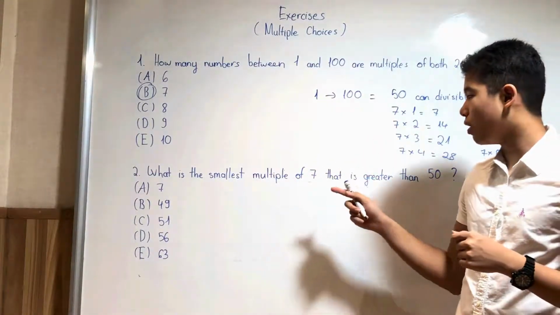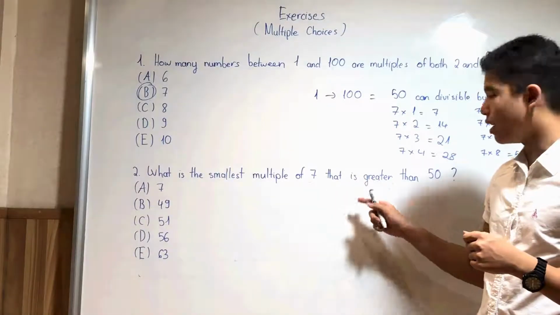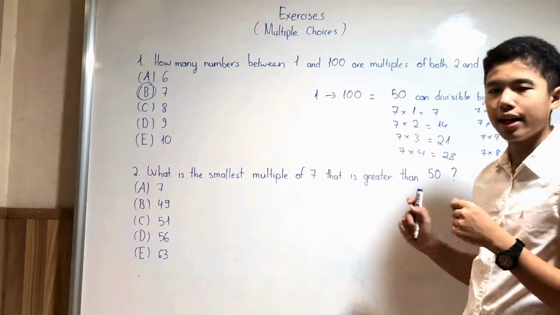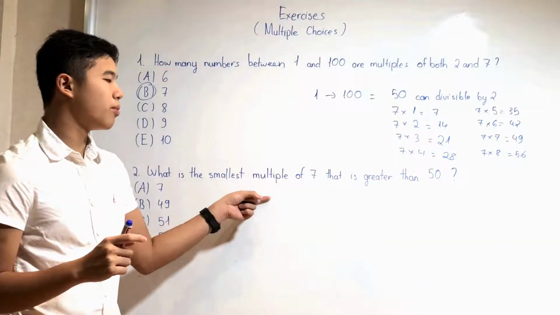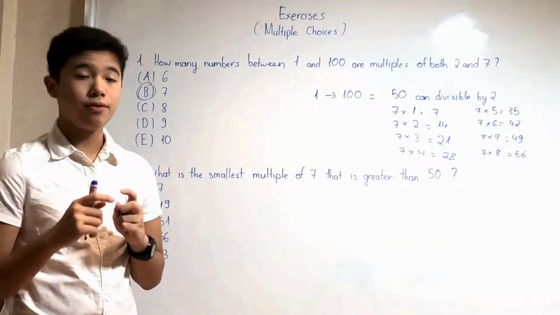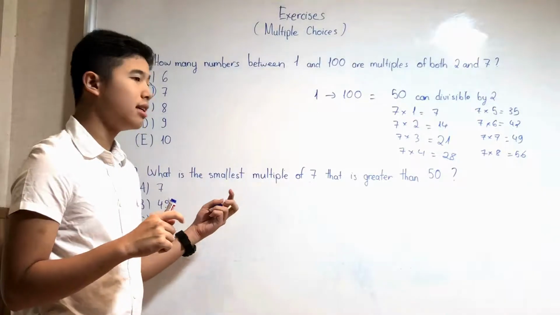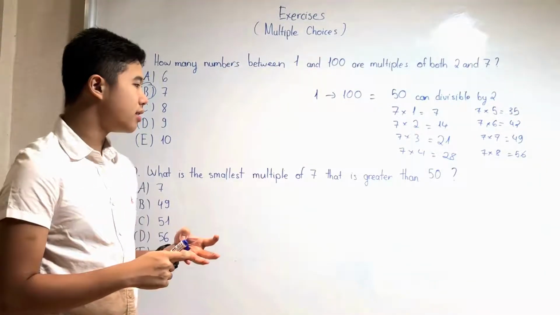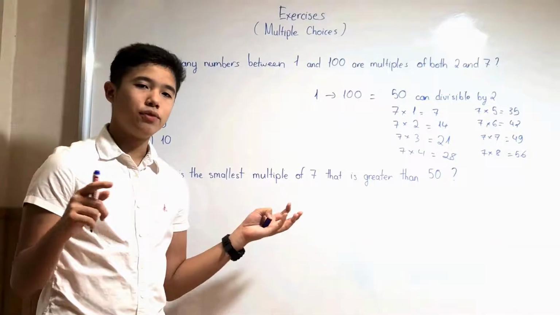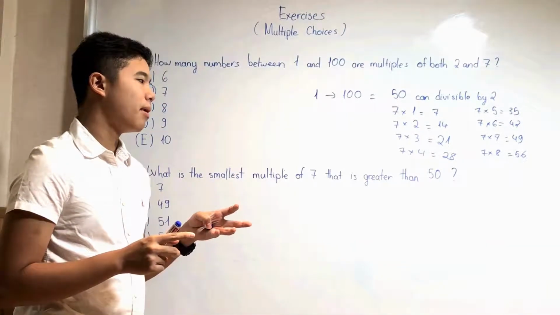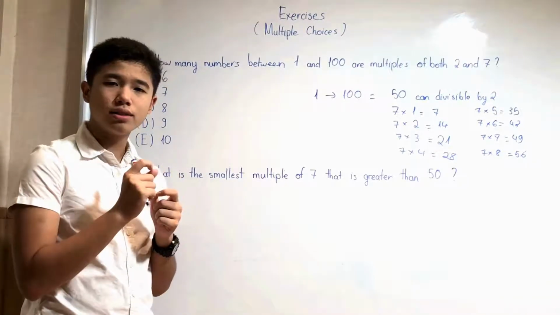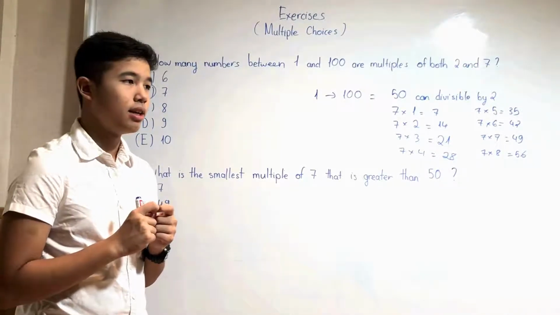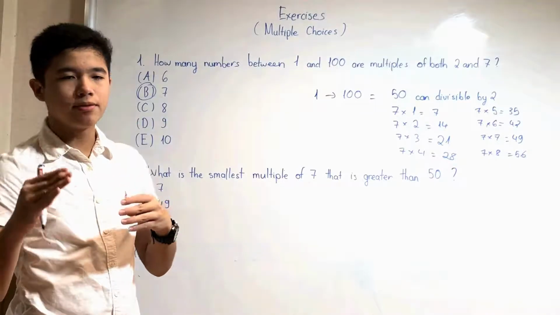What is the smallest multiple of 7 that is greater than 50? Which means the number that can be divisible by 7 but is greater than 50, and the smallest one, just above 50.